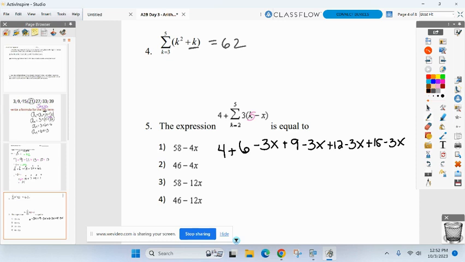And then now you take your darn time and combine all your like terms.